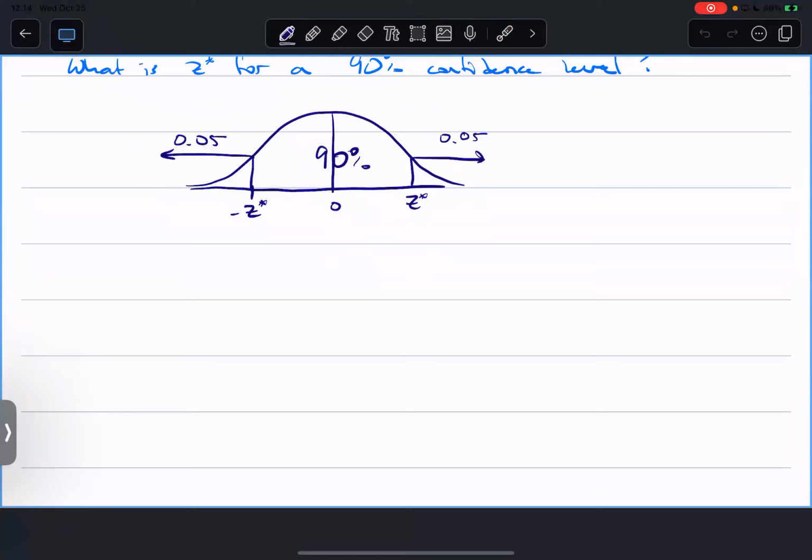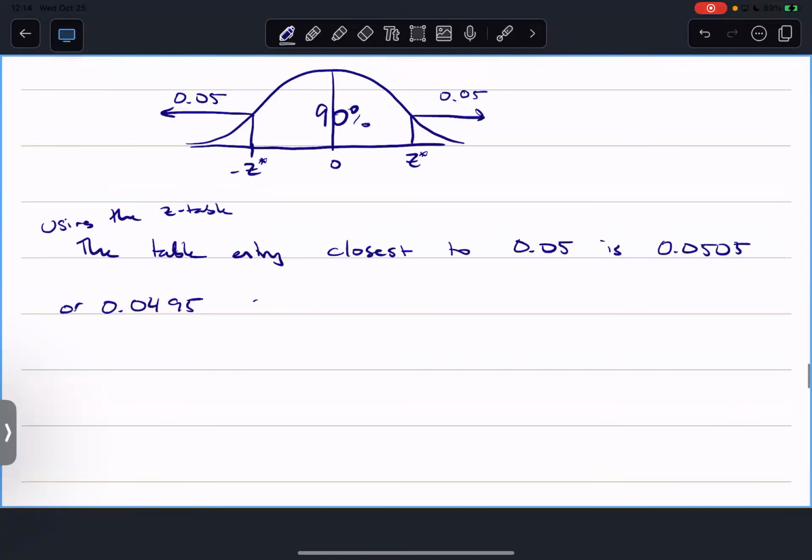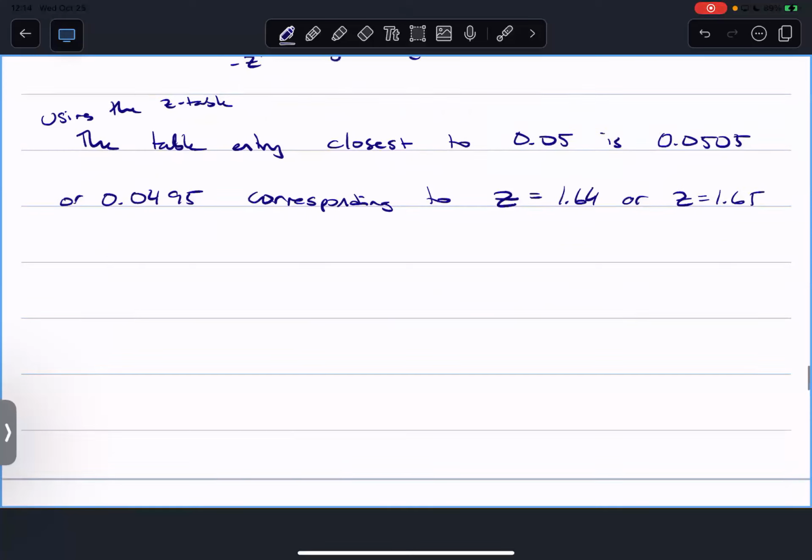And so the table entry, I guess I should say using the Z table. The table entry closest to 0.05 is 0.0505 or 0.0495, corresponding to Z equal to 1.64 or Z equal to 1.65 respectively.